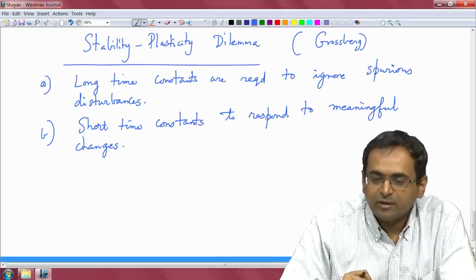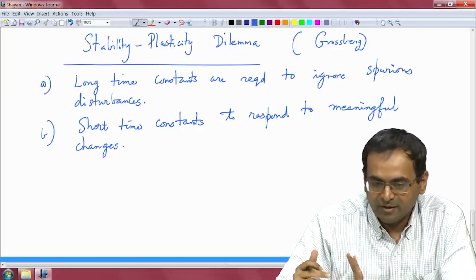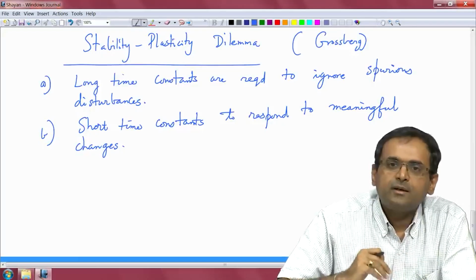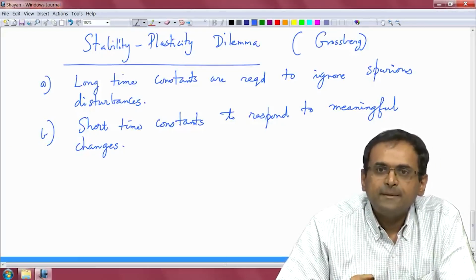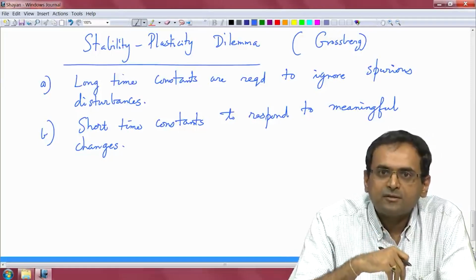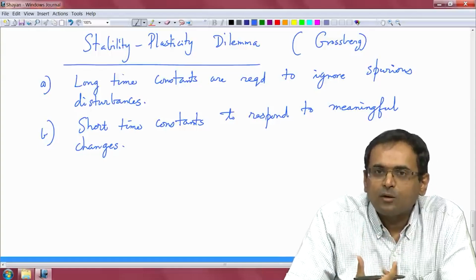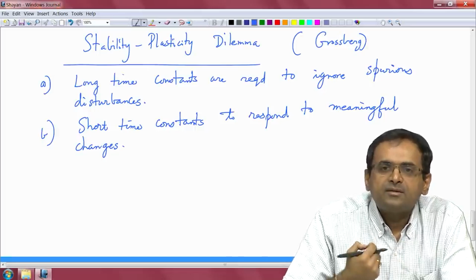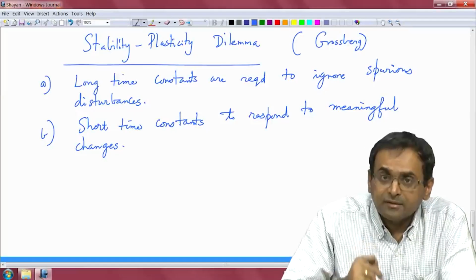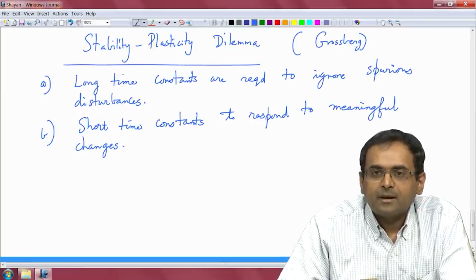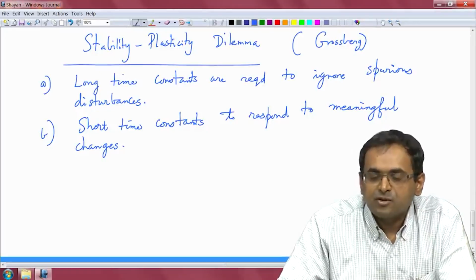It is basically a spurious signal. This is basically a spurious disturbance, and I need to have a long time constant which can ignore these spurious disturbances, right. So, there is an interplay between how you connect a short time constant which is myopic over a local window versus a longer time constant to ignore certain spurious disturbances, right. This is an important capability that a learning machine should be endowed with.